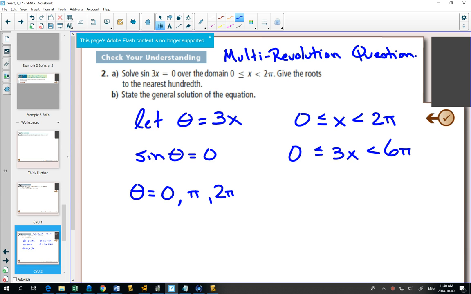Does it make sense that you could just multiply everything by 3? If I picked a number between 1 and 10, and then multiplied it by 3, my new number is going to be between 3 and 30. So if x is between 0 and 2 pi, then 3x is going to be between 0 and 6 pi.